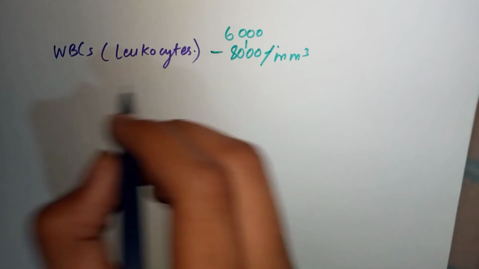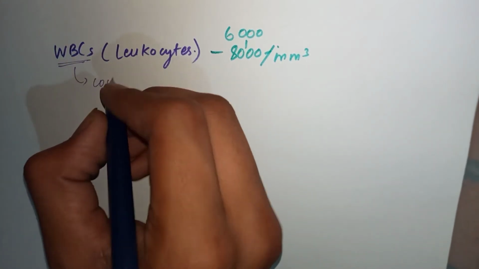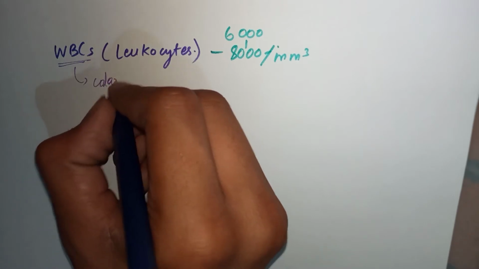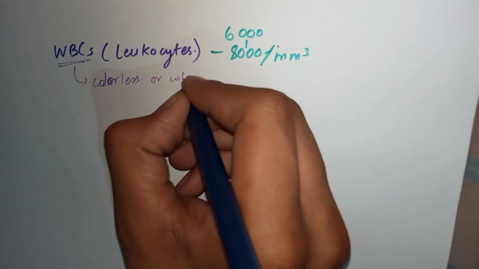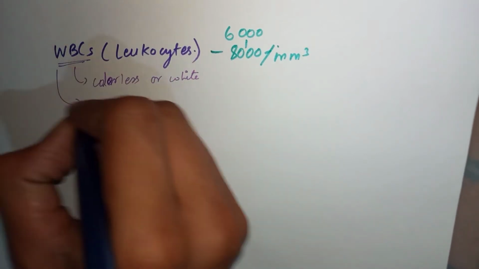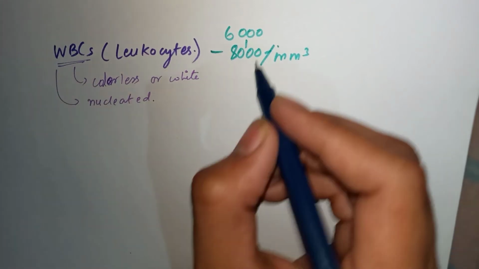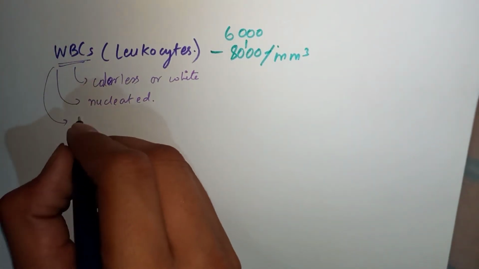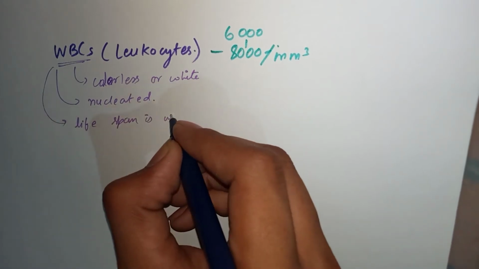They do not have any pigment in them, so they appear colorless or white. They have a nucleus, so they are nucleated. Their lifespan is usually short.